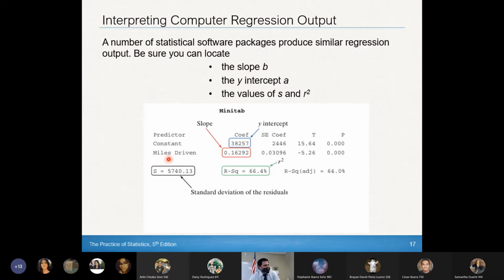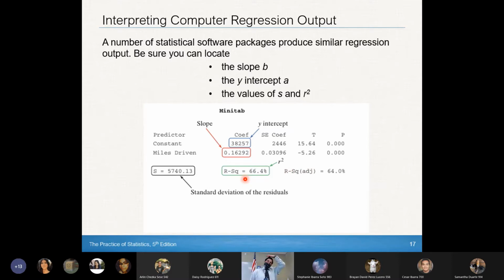Then we have S, which is our standard deviation of the residuals. This is essentially how far, typically, each point will be away from the regression line. Then we have our R squared, in this case 66.4%. We don't want to look at the adjusted one, just the normal one.